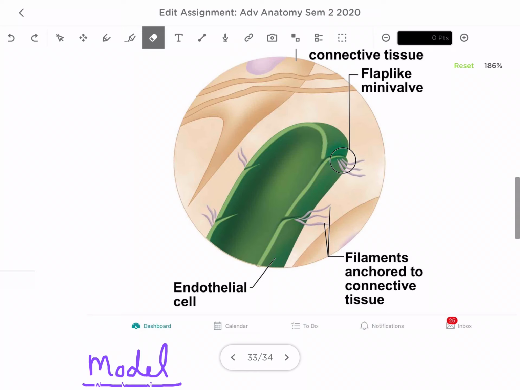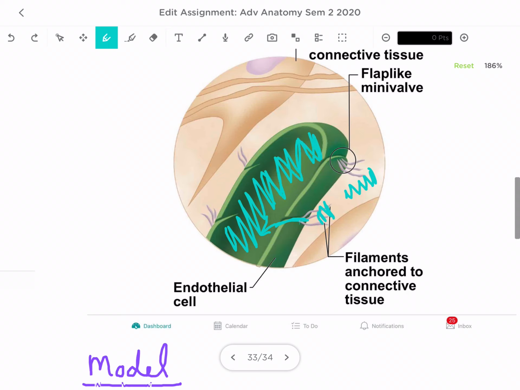Okay, so as this fluid builds up here, it pushes these little trap doors, these little valves, open, and the fluid goes in. But when all the fluid goes in here, it pushes the doors back shut. So the fluid has to stay in there.